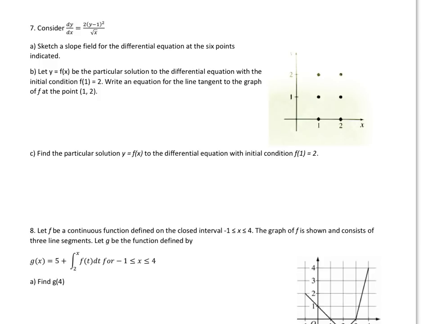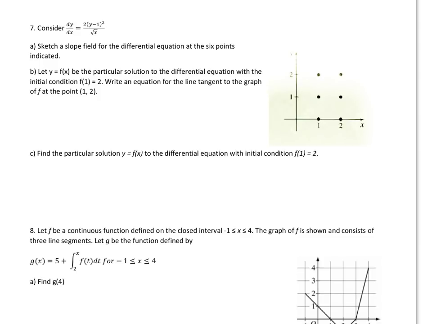Since we have this differential, let me show you up here, we're going to go ahead and plug x and y's into it. So when x is 1 and y is 0, we can go about it in that manner. So when x is 1, y is 0, I end up with 1 on the bottom and 2 on the top. So I end up with a slope of about 2.